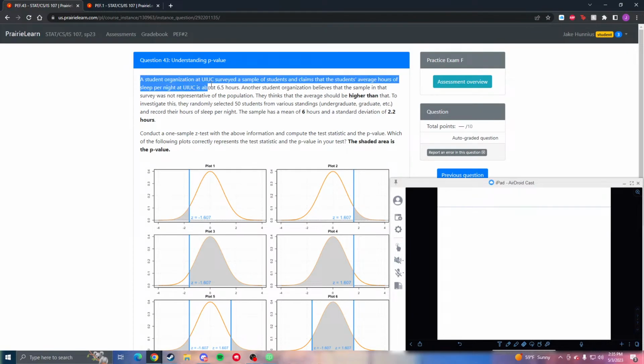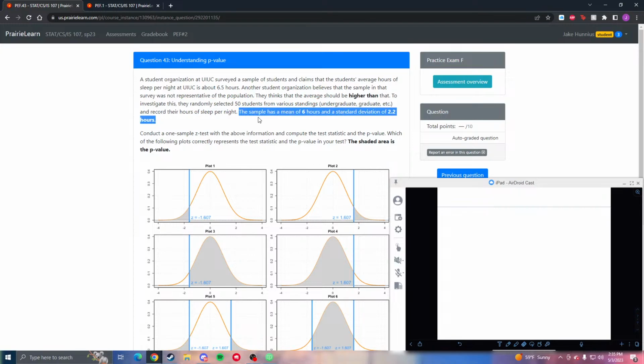All right, so a student organization sampled students and claimed that the students' average hours of sleep per night at UIUC is 6.5 hours. Another RSO believes that the sample was not representative. They think it should be higher than that. To investigate this, they randomly selected 50 students from various standings, graduate, undergraduate, law school, med school, whatever, and recorded their hours of sleep per night.